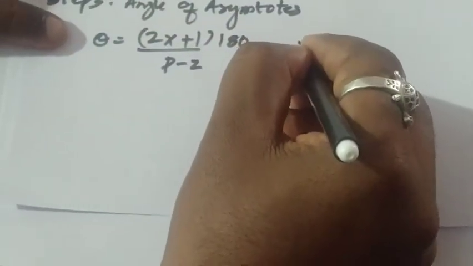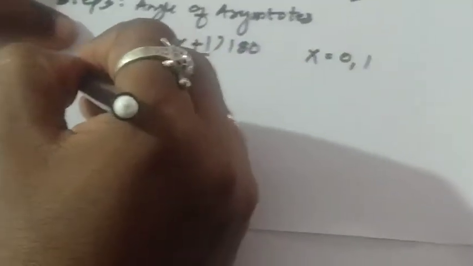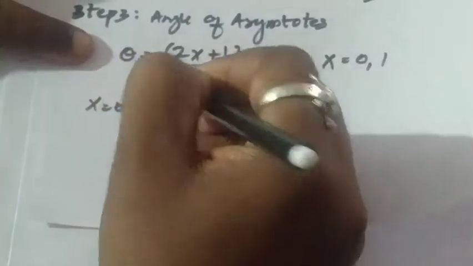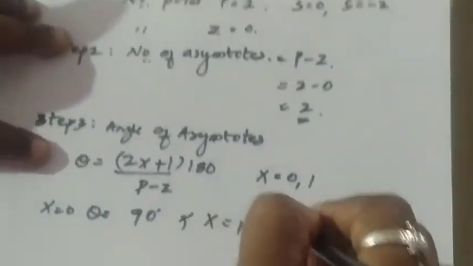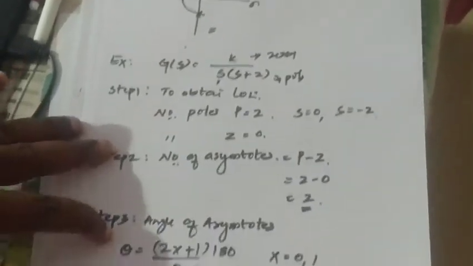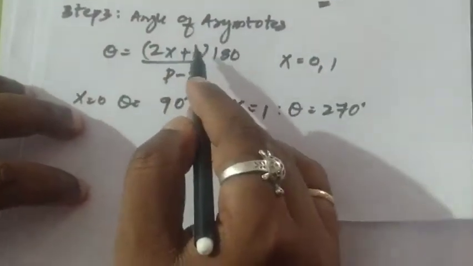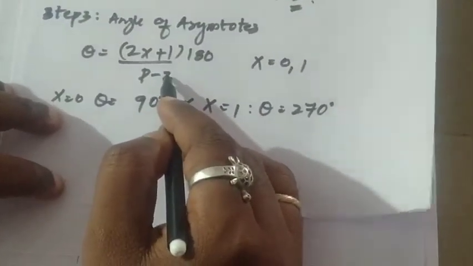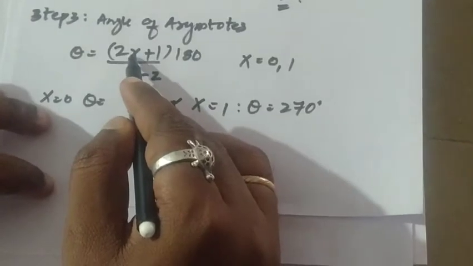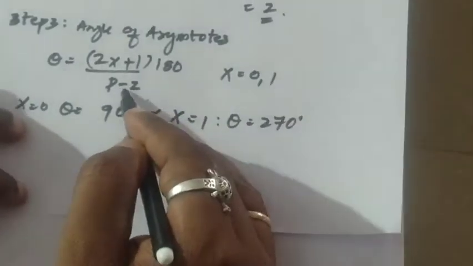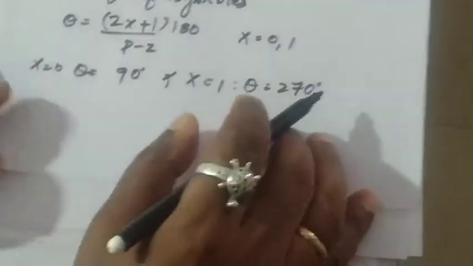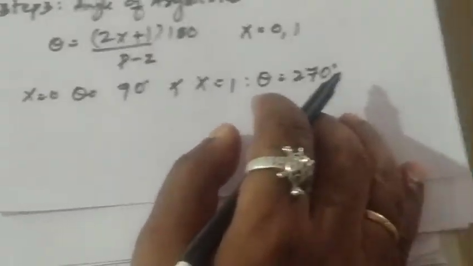Here the number of asymptotes is 2, so I am putting q equal to 0 and 1. At q equal to 0, theta is 180 divided by 2, which is 90 degrees. At q equal to 1, you put 2 plus 1, 3, 3 into 180 is 540, 540 divided by 2 is 270 degrees, right? Like that you have to calculate the asymptote angles.